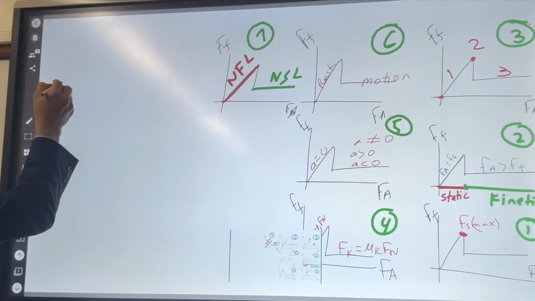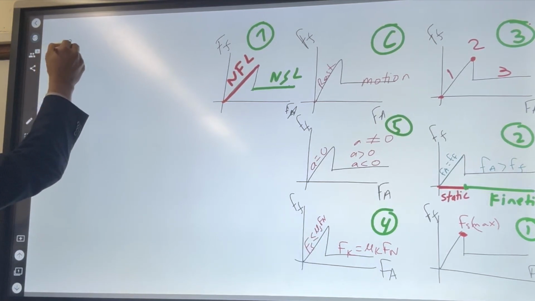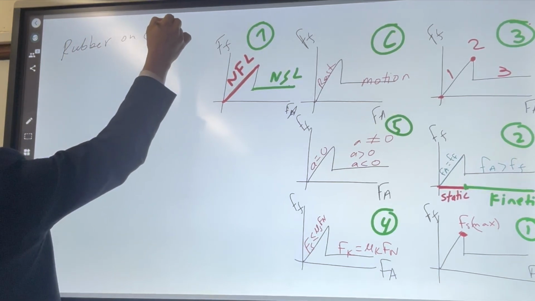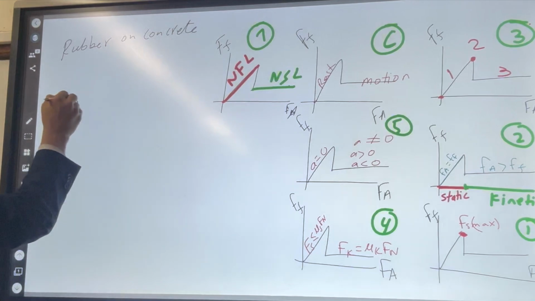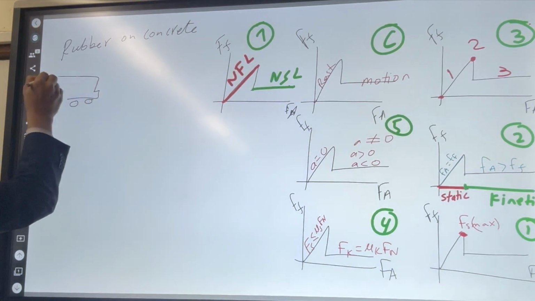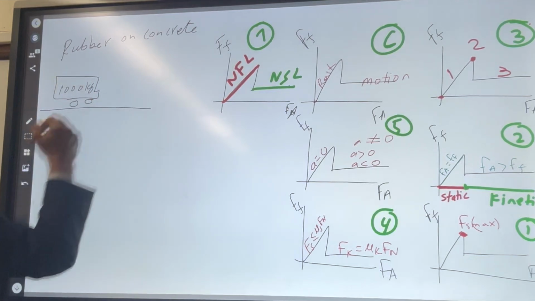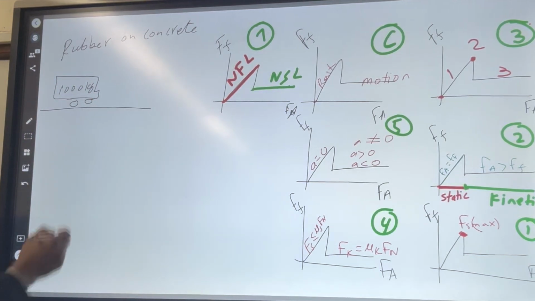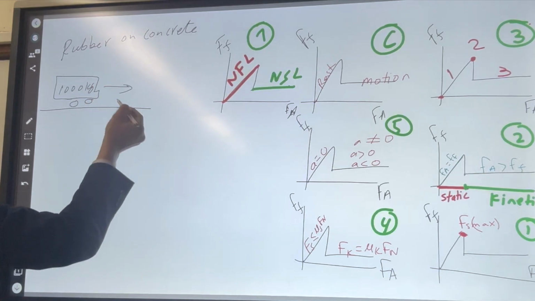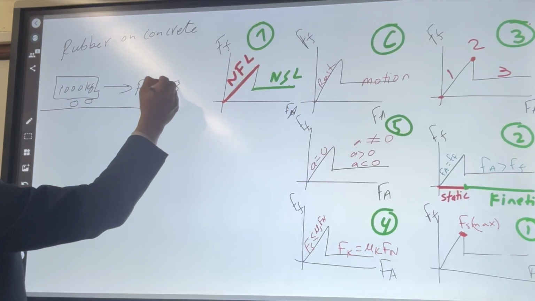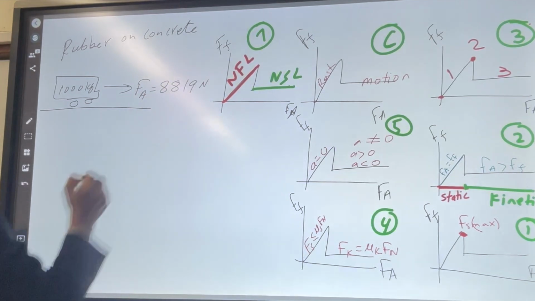So let's say rubber on concrete. So you have a car, 1000 kilogram, and applied force is 8819 Newton.